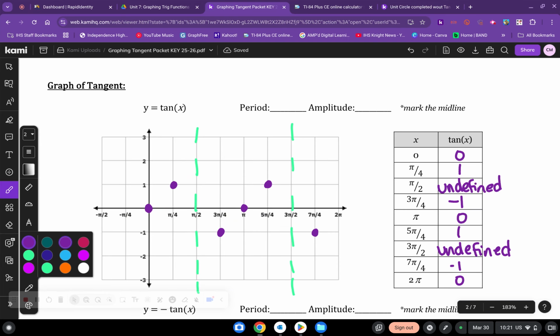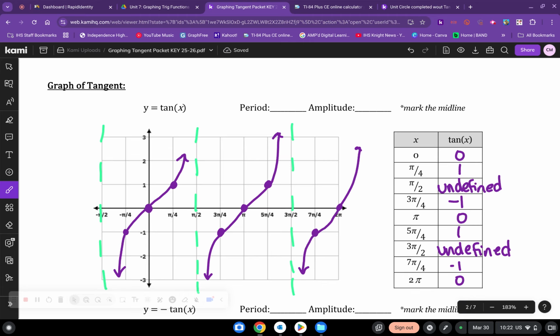So I get to see this full curve here, and the table doesn't extend to any negative values, but hopefully you can see that at negative pi over 4, it should be at -1, and then we would have another asymptote here at negative pi over 2. So that kind of helps us. This would go this way.